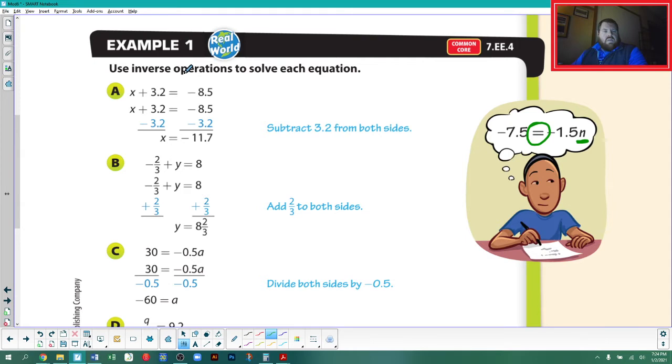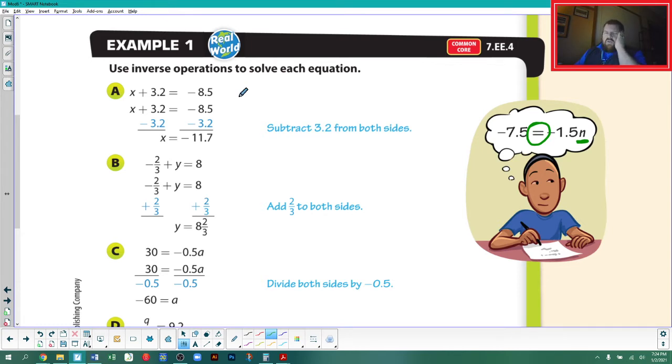But more importantly, we want to think about how I am going to do this when these problems get more difficult, or even the numbers get more difficult, that I just can't think of what that number has to be. My knowledge of taking a number and adding something to it to get a negative number is not that great. I can't just think of that off the top of my head.